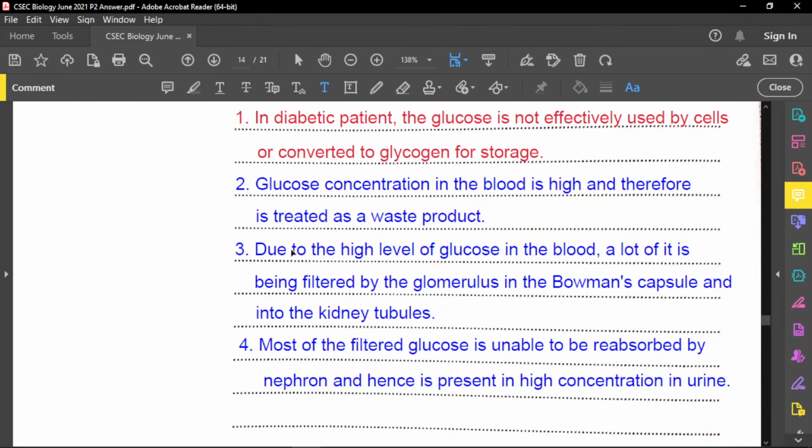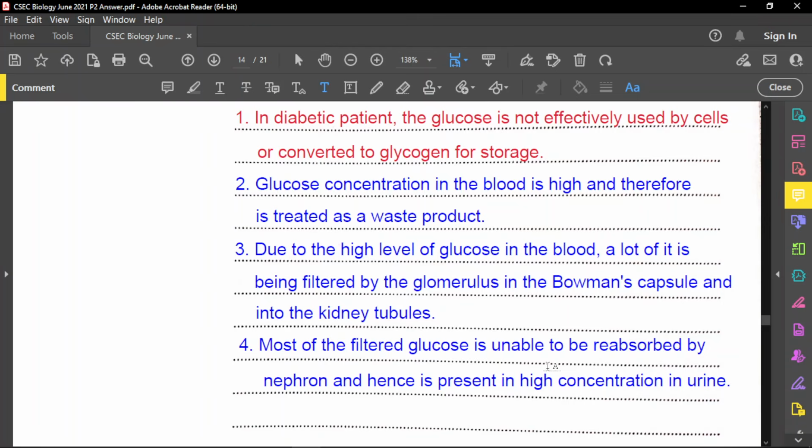And so what will happen here is that due to the high level of glucose in the blood, a lot of it is being filtered by the glomerulus in the Bowman's capsule and into the kidney tubules. Now, most of the filtered glucose is unable to be reabsorbed because you have so much glucose there.